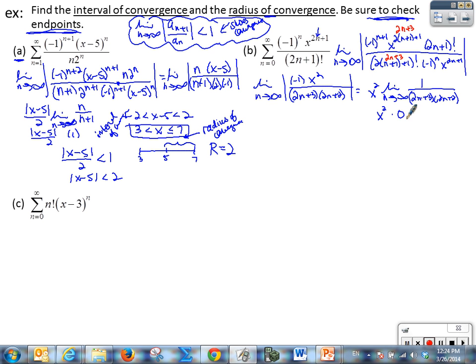Because this limit went to 0. Now, if you like memorizing rules, then you might write that down. If the limit goes to 0, the interval of convergence is all real numbers. And the radius of convergence is half of that, right? Half of that would be infinity.